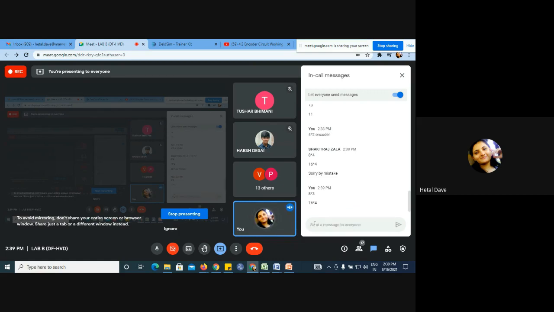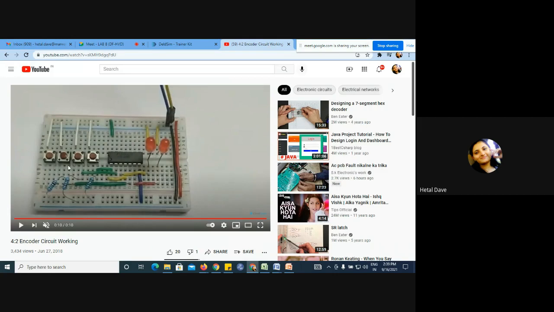So let's say total 8 input switches and 3 output LEDs, or 16 input switches and 4 output LEDs. Like this, here 4 input switches and 2 output LEDs. That's why it is called a 4 cross 2 encoder.